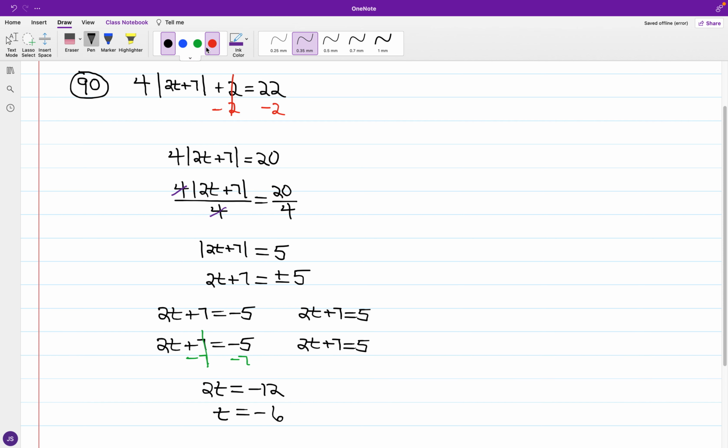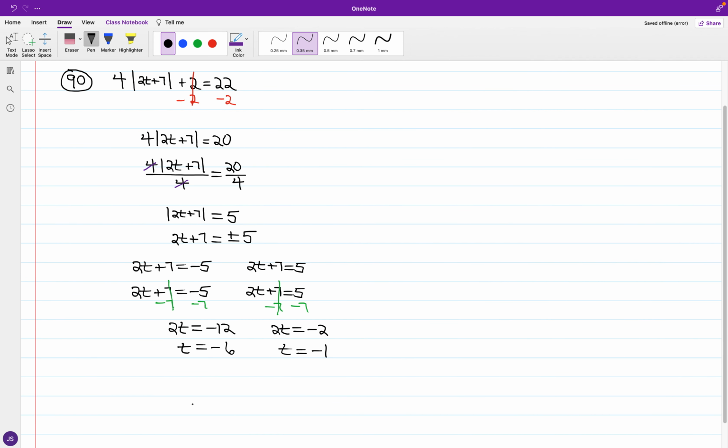For 2t plus 7 equal to 5, if I take 7 away from both sides, again we have that 2t is equal to negative 2. With division by 2, we have that t is equal to negative 1. So here we have that t is equal to negative 6, and also that t is equal to negative 1.